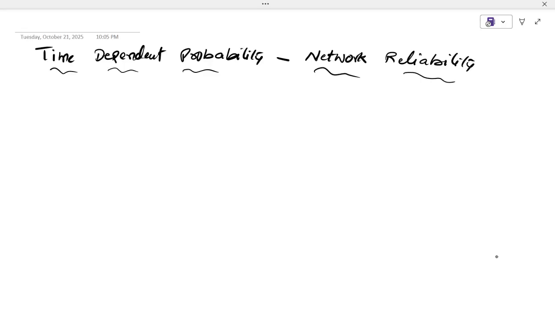In this, we have different networks; we have already discussed in previous concepts using binomial distribution. Here, this is using time dependent probability.